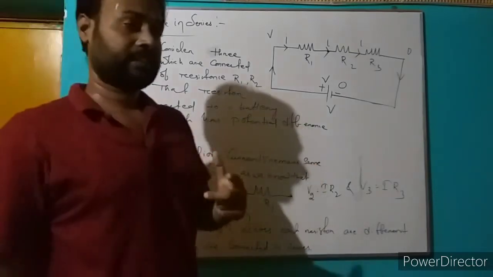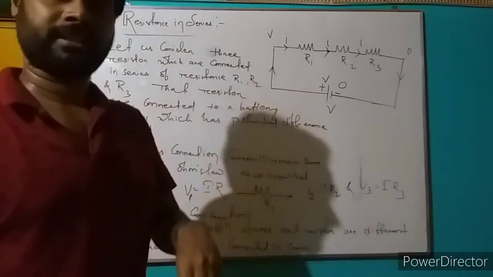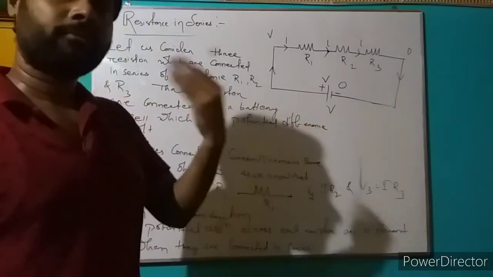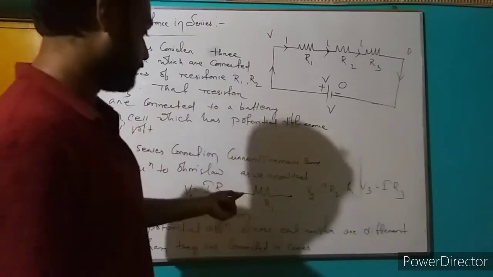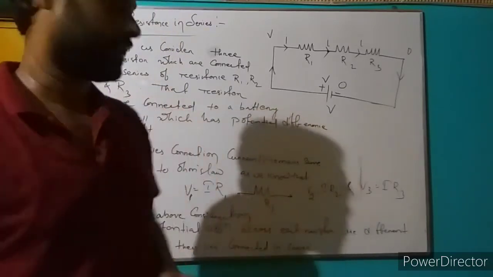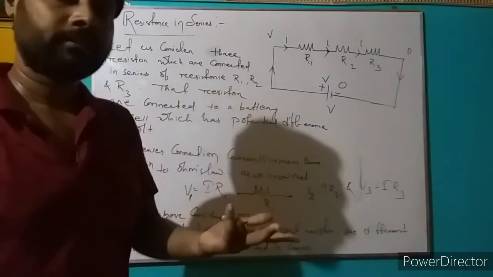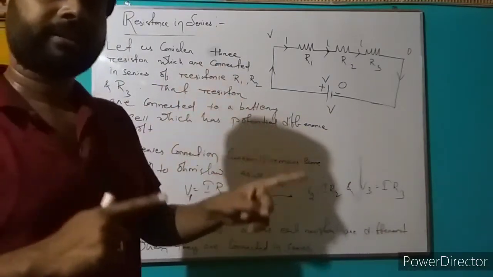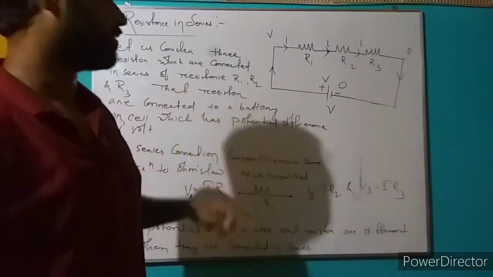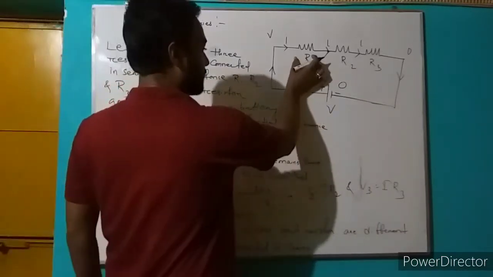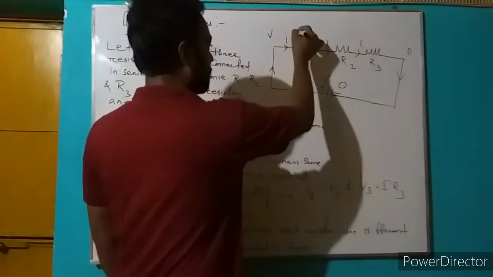If we assume the number of resistors have the same resistance, then the potential difference remains constant. Otherwise, that is the possible case. But if the resistors have different resistances and are connected in series, the potential difference across the first resistor is V1.